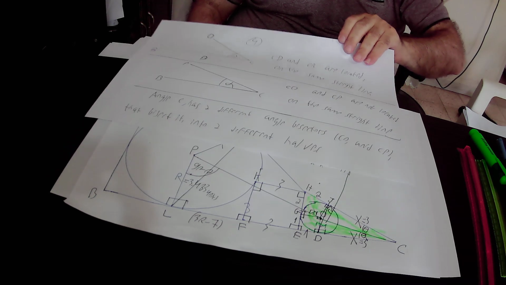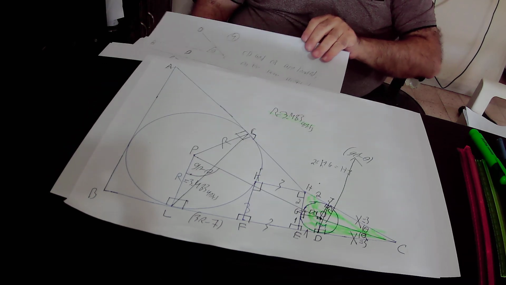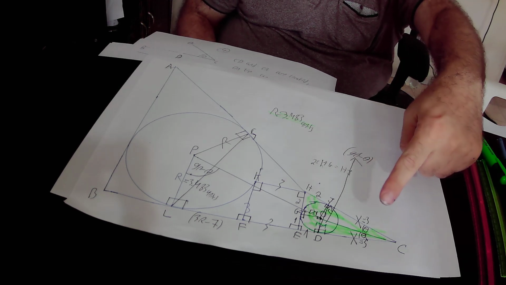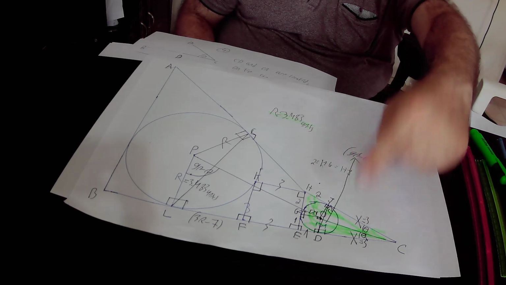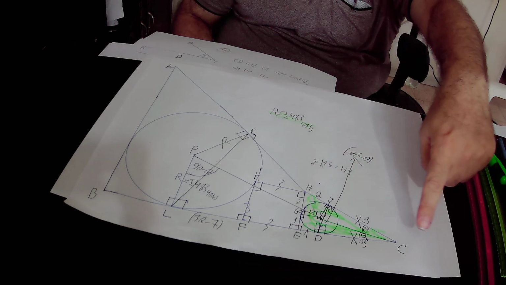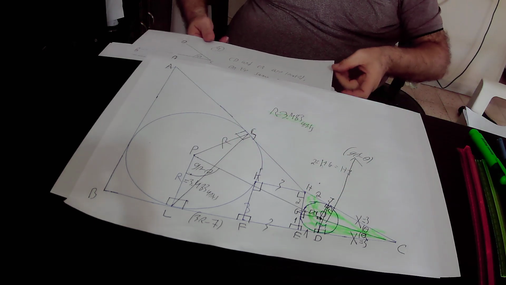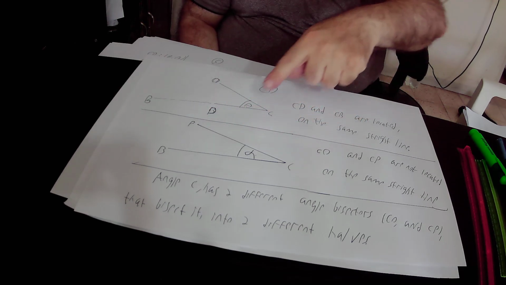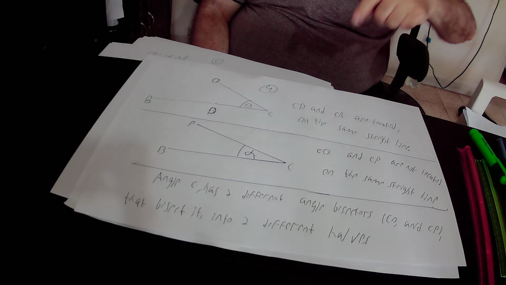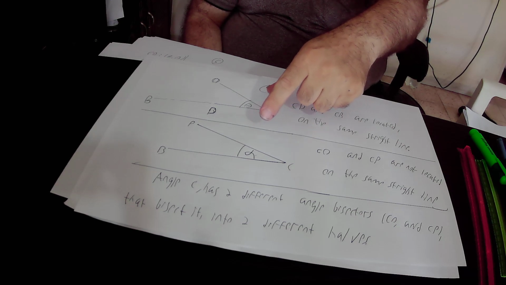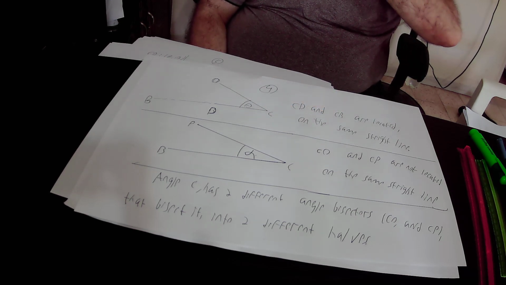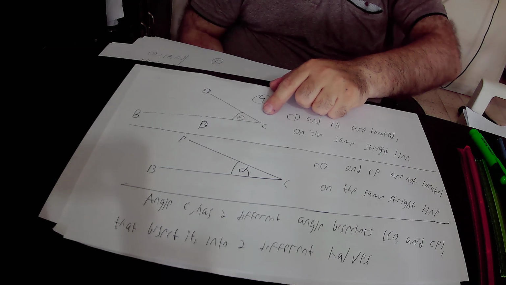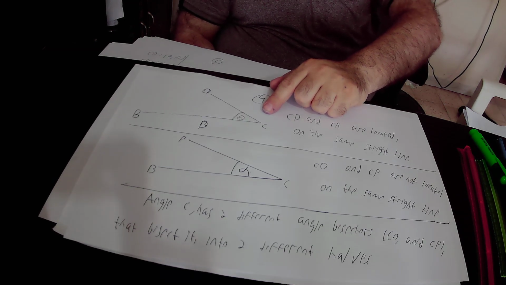Okay? Then I copied this angle OCD equals theta, then I copied angle PCB onto this new page. So those two angles have one leg that is located on the same straight line.